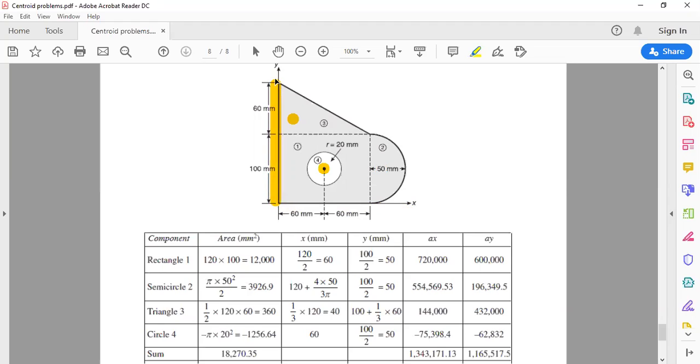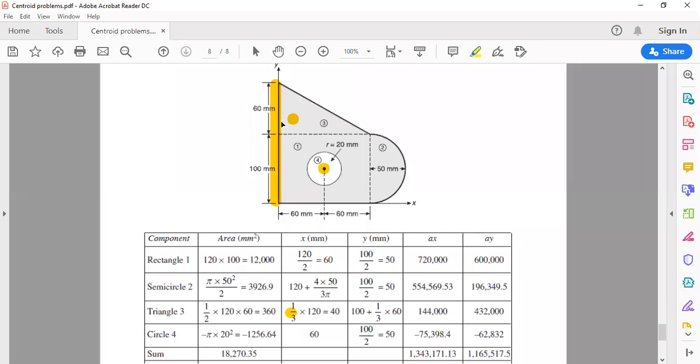The distance between this reference y-axis and the CG of a right angle triangle is one third of the length, where length is 120. Why one third? Because we are measuring it from the base of the triangle along its width, that is 120. So from base it is one third, therefore it is 1 by 3 of 120.